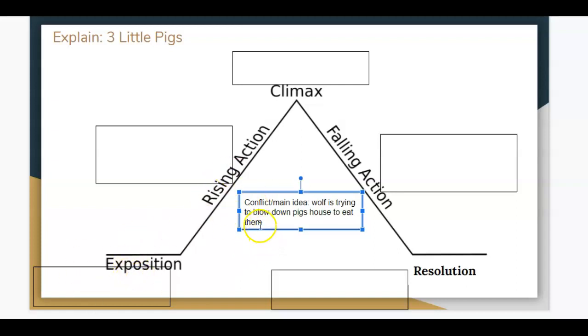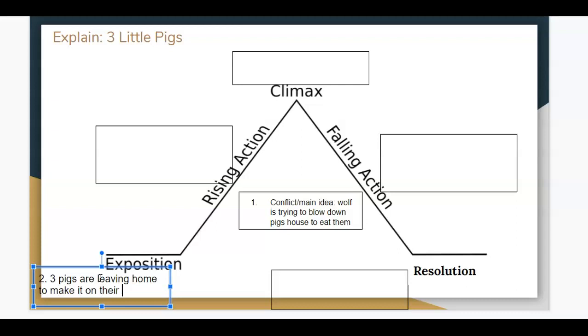The next thing we're going to do is the exposition. The exposition, remember, is just our beginning. Where is the setting at? Well, the 3 pigs are leaving home to make it on their own.